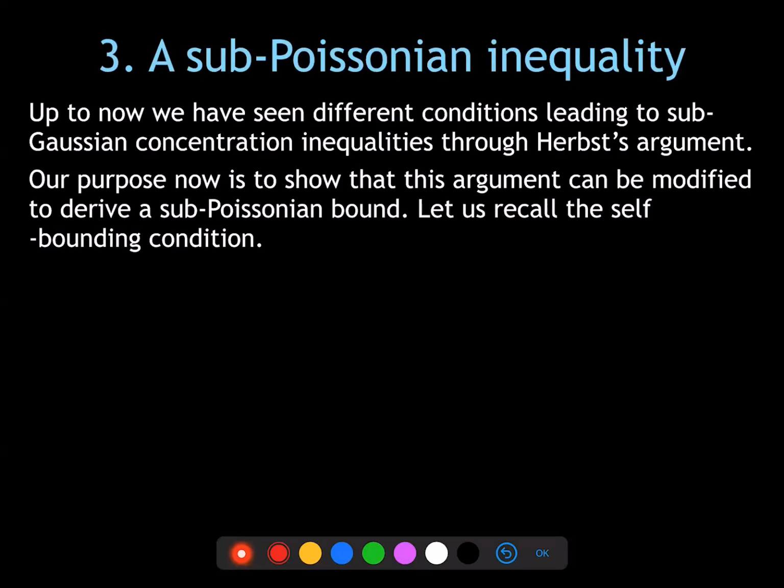Okay, so let's see this sub-Poissonian inequality that we can get by using the key lemma. And to get this sub-Poissonian bound, the key will be to use the self-bounding condition.